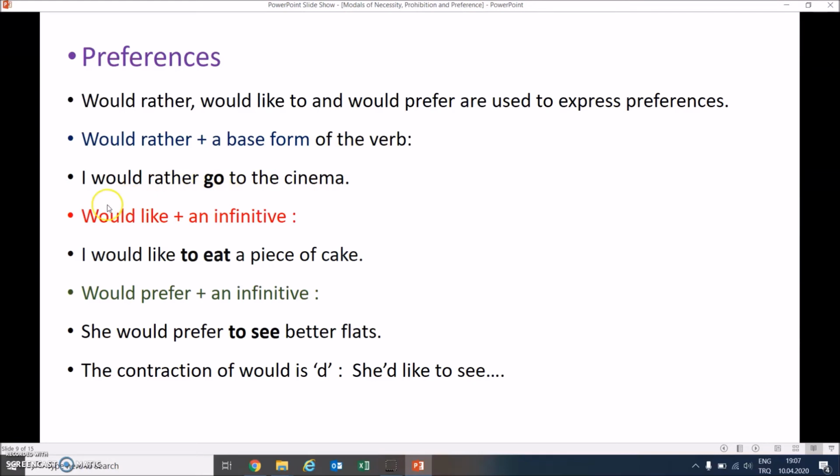Base form. After would like, we use an infinitive. I'd like to eat a piece of cake. Okay? After would prefer, we use an infinitive again. She would prefer to see better flats. By the way, the contraction of would is here. She'd like to see. Okay?